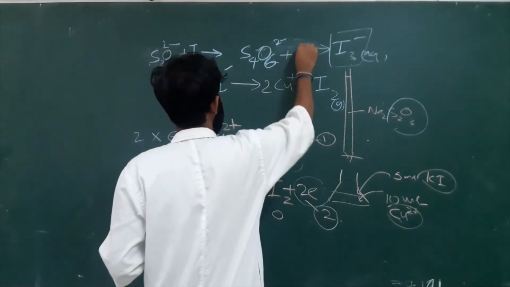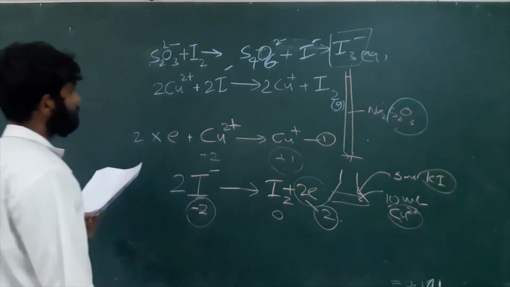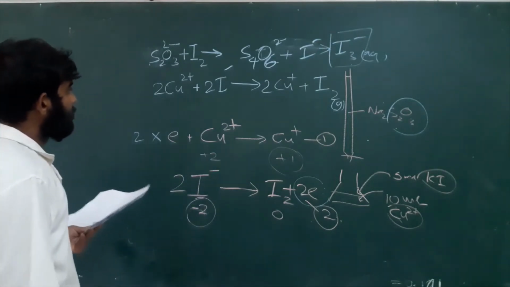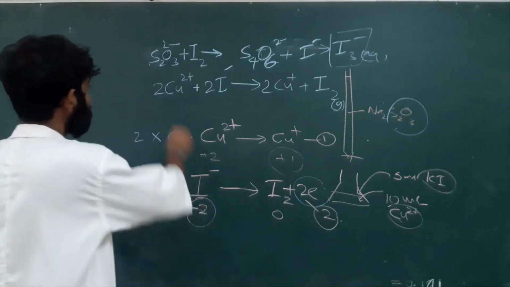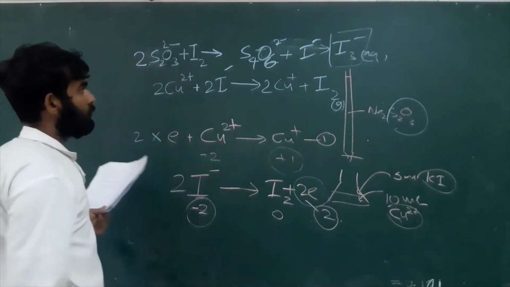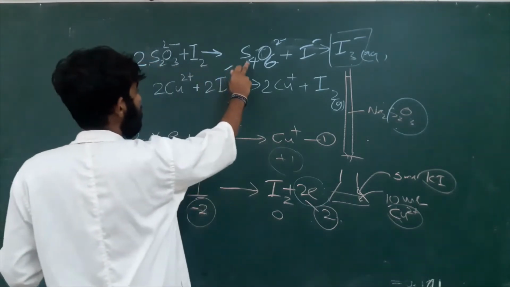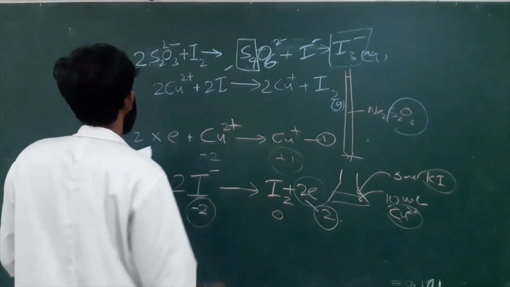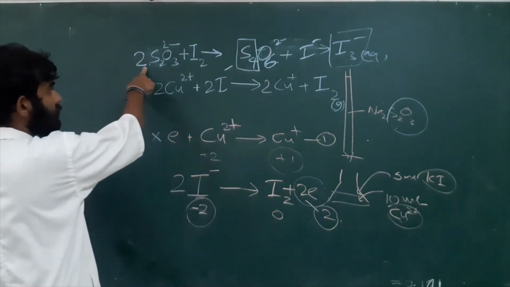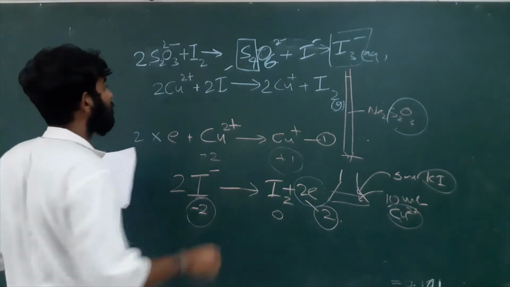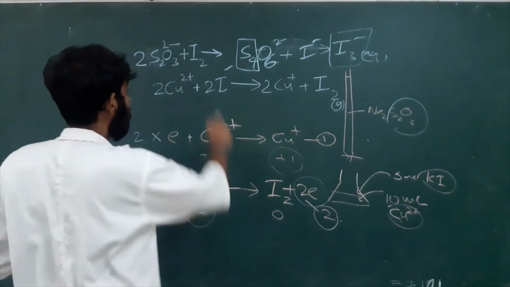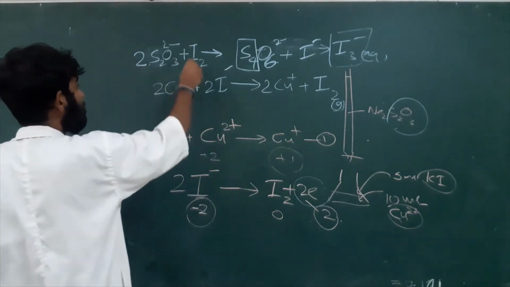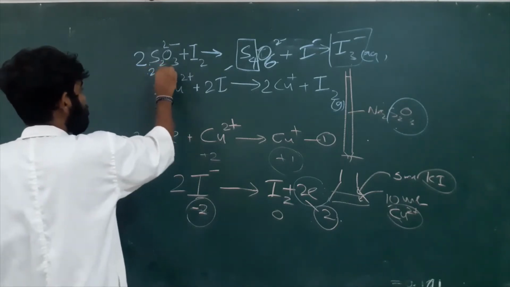I2 will convert into I minus again. Here we have to balance the equation. We have to put 2 because there are 4 sulfur atoms on the product side. So the molar ratio, or stoichiometry, of I2 to thiosulfate is 1:2.